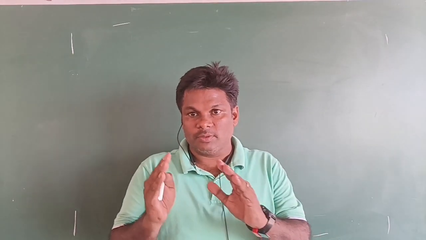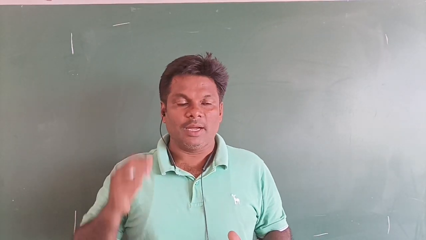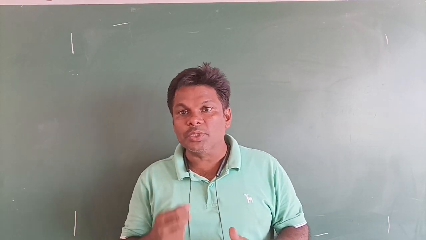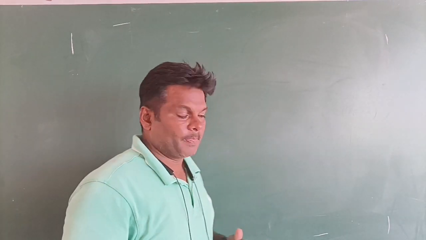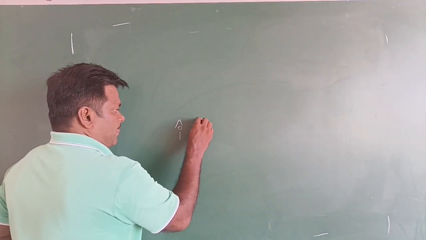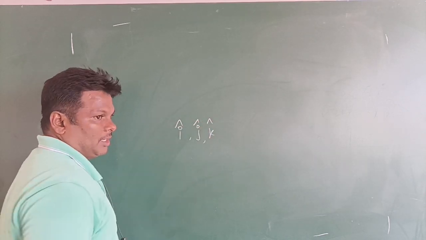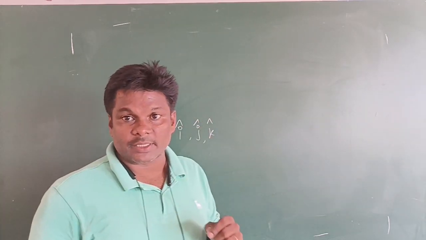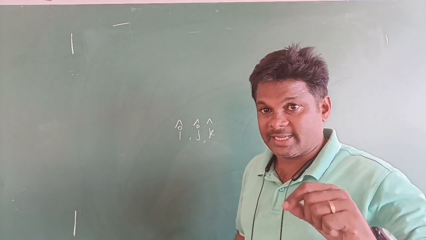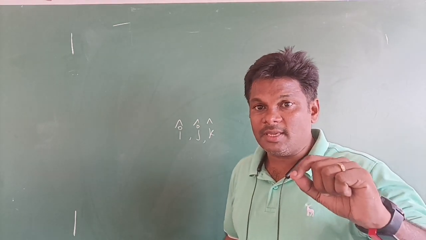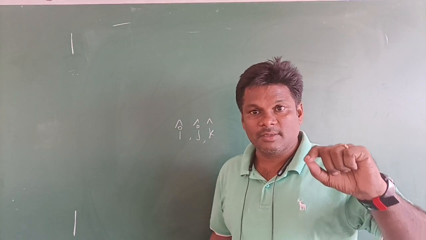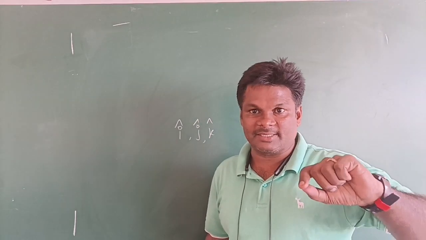About vector basics. Here, i cap, j cap, and k cap are the unit vectors along x-axis, y-axis, and z-axis.